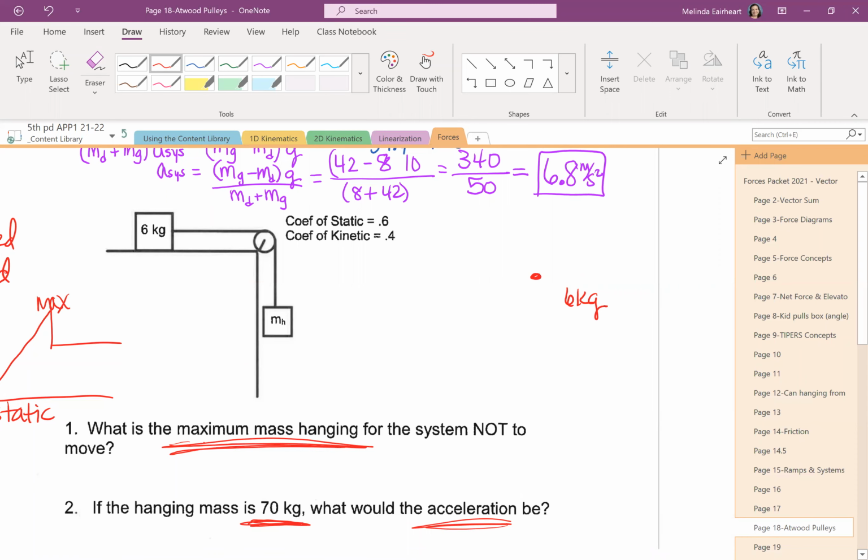So what's our down force? What's the down force on the 6 kilogram? And everybody says gravity. So FG6 if you want. Again, if you want to relabel these as block 1, block 2, block A, block B, you can do that. What other forces are acting on the 6 kilogram block on the table?